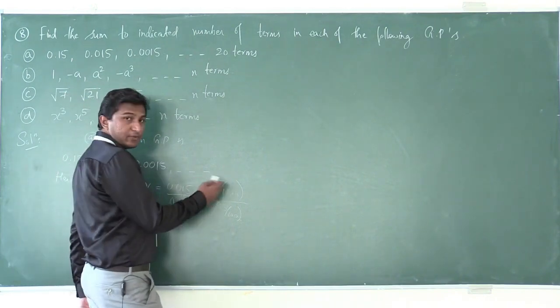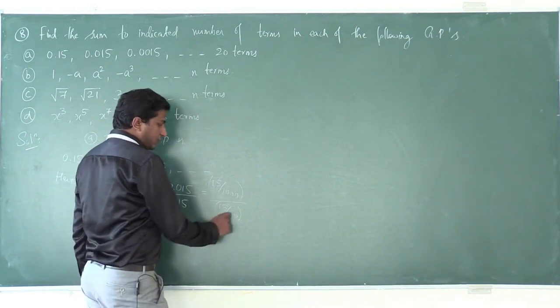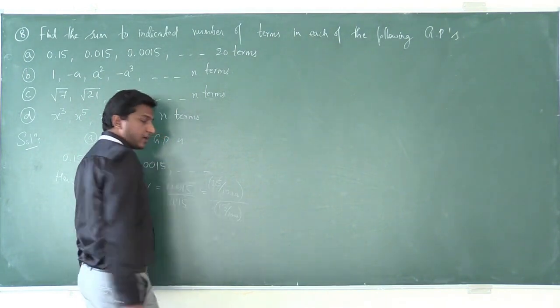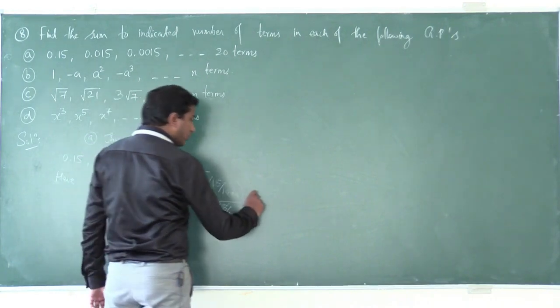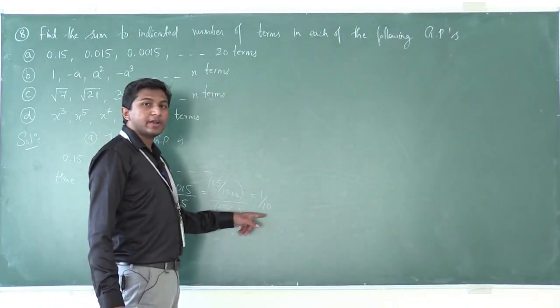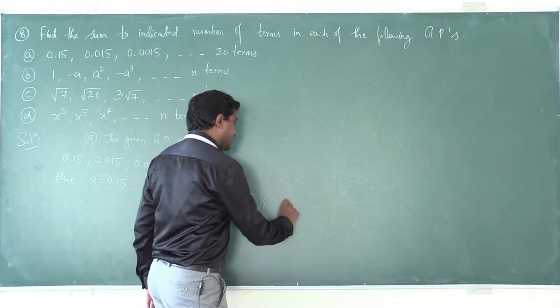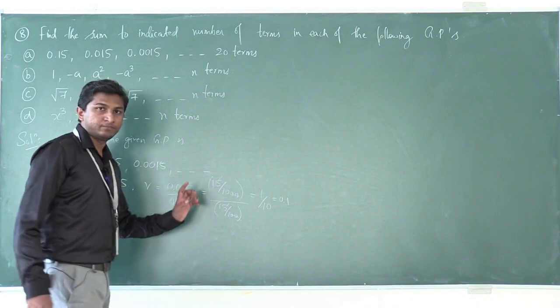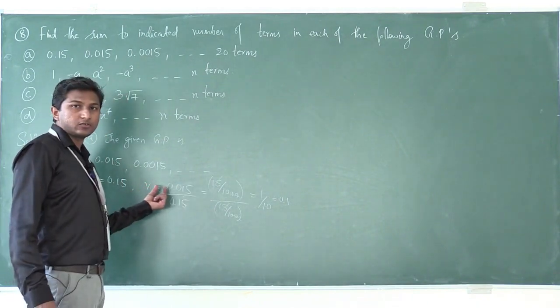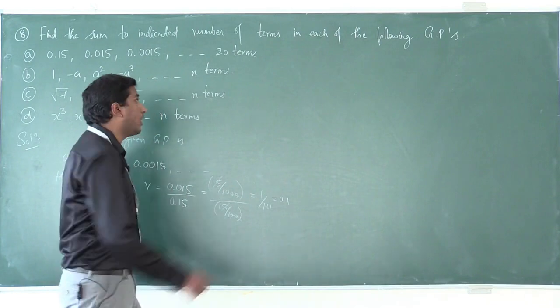So how do you simplify this? 15 cancels with 15, then 100 cancels with 100, and I am left with 1 by 10. What is 1 by 10 in decimal form? That is 0.1. So small r, the common ratio, is 0.1.